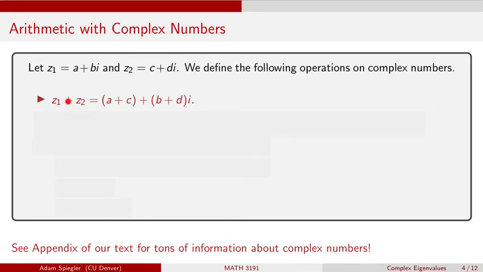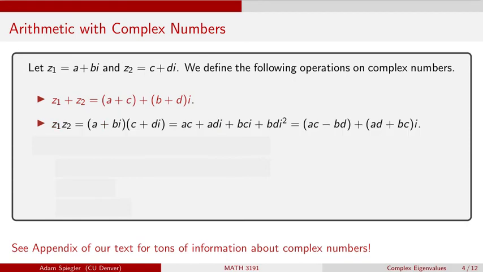Then if I want to add these two complex numbers, what we do is we add the real parts together to determine what the real part of the sum will be, and we add the two imaginary parts together to find out what the imaginary part of the sum is going to be. So I add a plus c, that's the real part. I add b plus d, and that is the imaginary part. So we just add real parts and imaginary parts together.